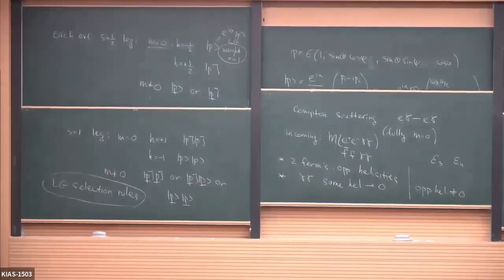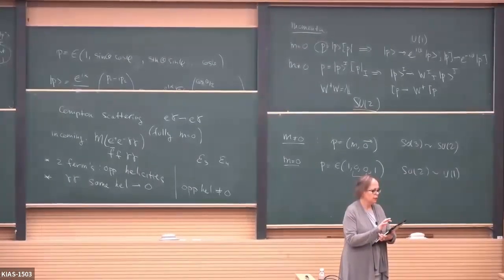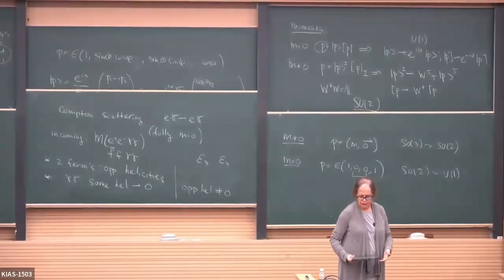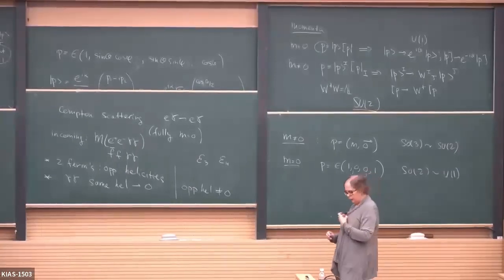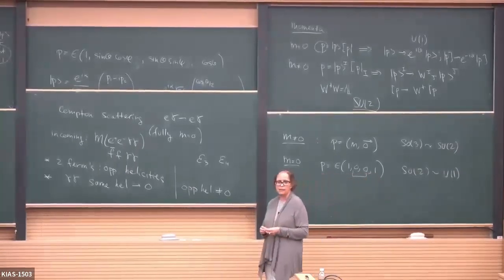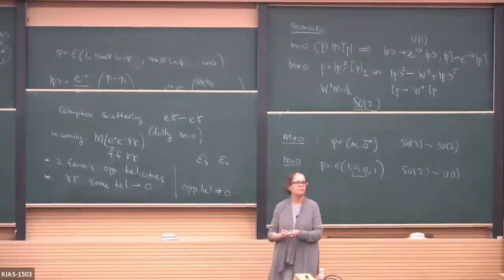Okay, so I now want to move on. Basically, up to now we just introduced some notation, but now let's apply this. So any question before we go on? Yeah.